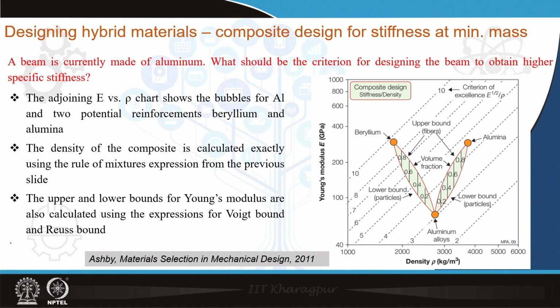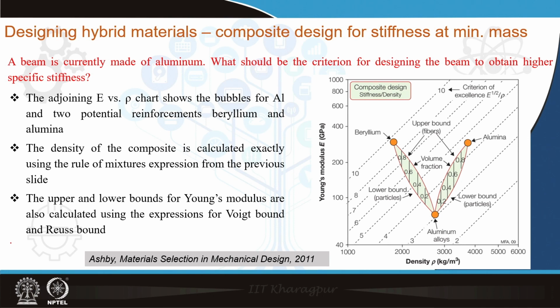Now, in this slide I introduce again the Young's modulus over density plot, and the problem is that there is a beam which is currently made of aluminum. You can see at the bottom portion of this plot there is one orange circle showing the aluminum alloys, which is the current material of the beam, and now it is intended to obtain a material with improved properties.